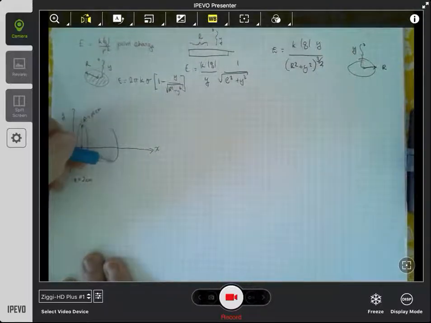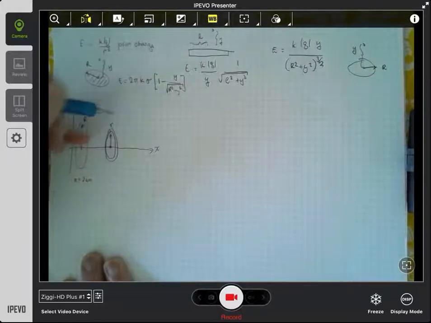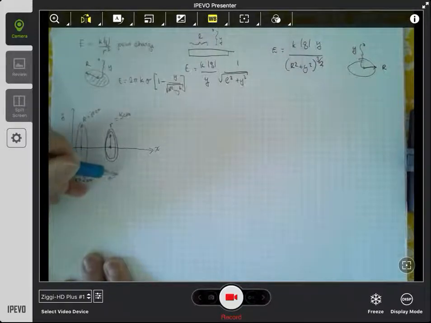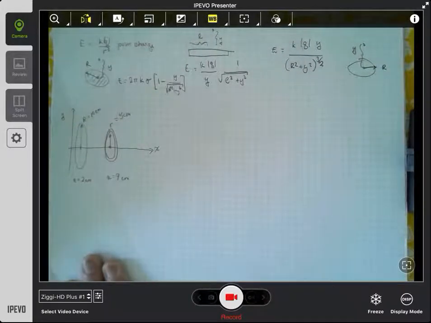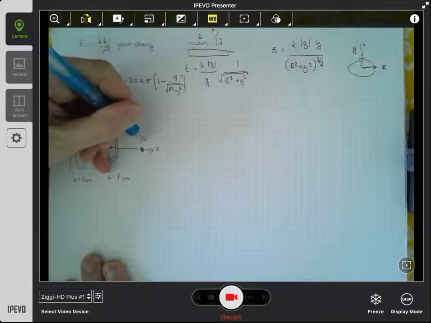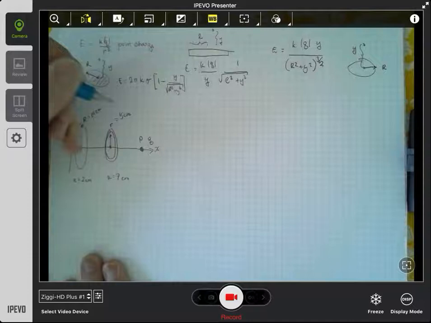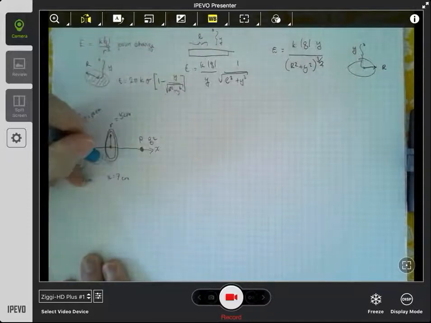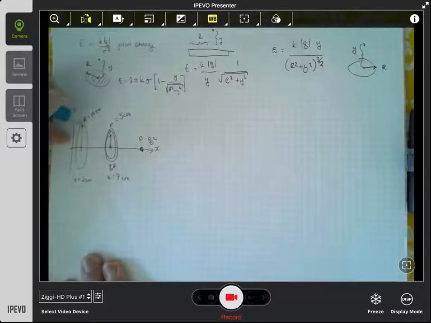And let's put a hoop on here with radius little r equals 5 centimeters, located at x is 7 centimeters, and a point charge over here, P, with a certain charge C, and this is going to have some charge B, and this is going to have some charge A on it.